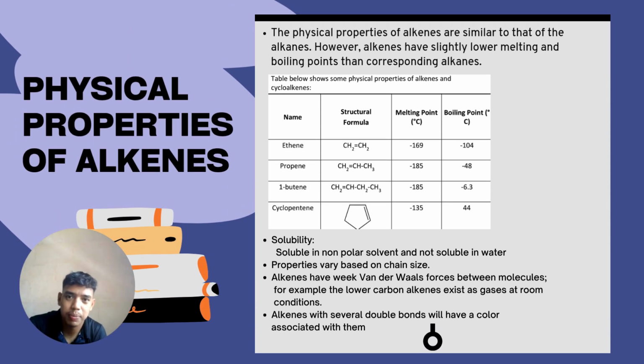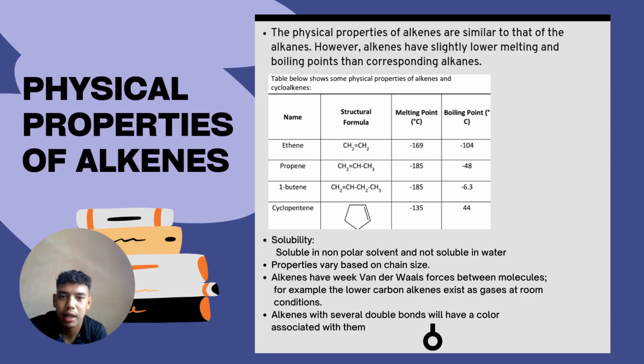Next I will explain the physical properties of alkenes. The physical properties of alkenes are similar to those of alkanes. However, alkenes have slightly lower melting and boiling points than the corresponding alkanes. As shown in the table, the boiling point increases as the carbon chain becomes longer.